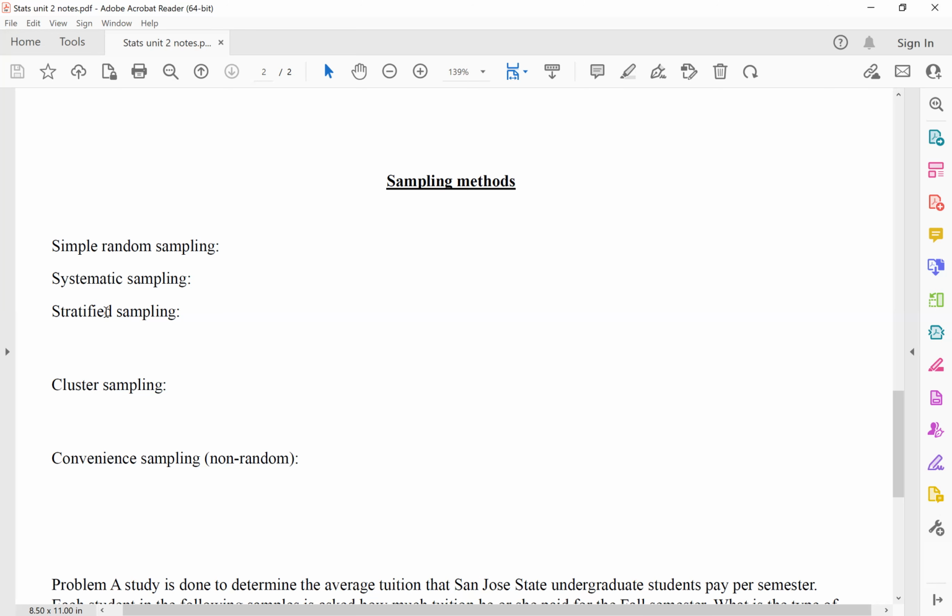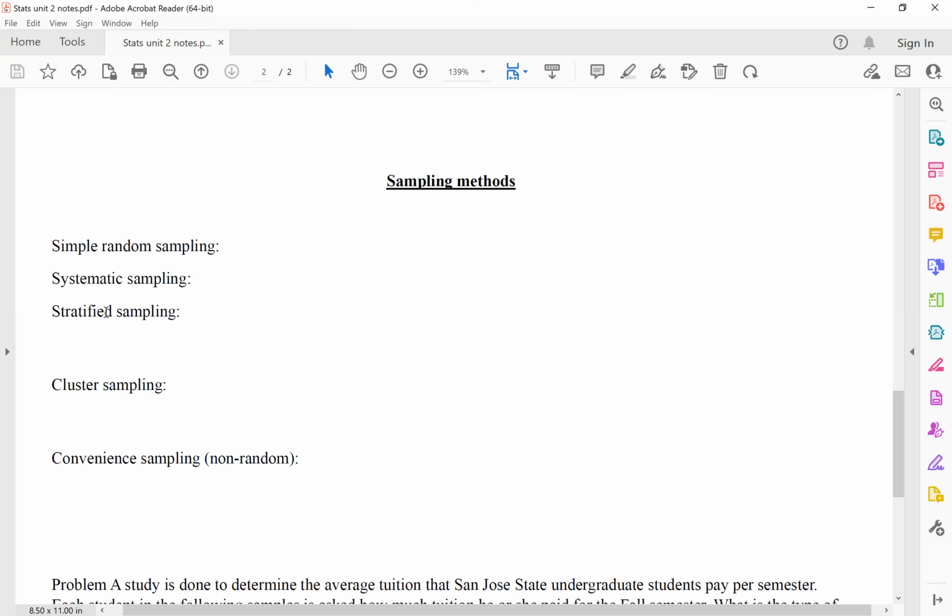I'm going to do the study, and there are the freshmen, the sophomores, the juniors, the seniors. So I separate every person in the population into little subgroups, right? Again, freshmen, sophomores, juniors, seniors. But then I'm going to say, all right, let me choose the same amount of people per group.